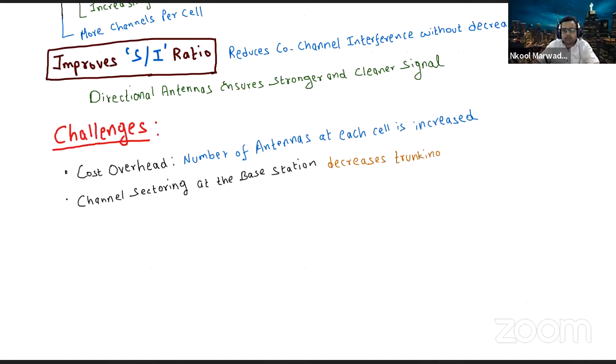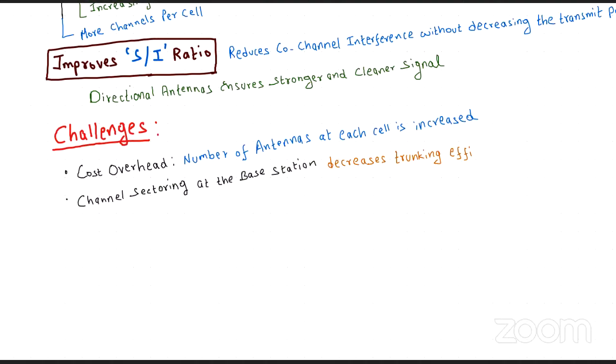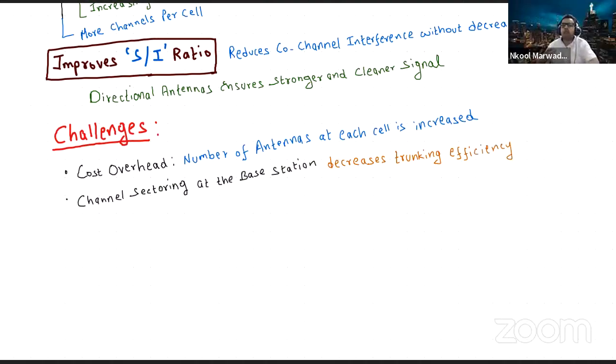And what is this trunking efficiency? You know what is trunking? See, for now, to understand it, trunking is like a kind of capacity, or the number of users supported. Now, when we do cell sectoring, the capacity of every base station will decrease.